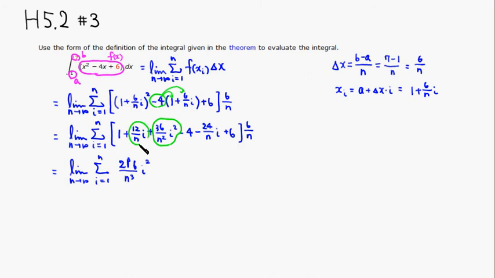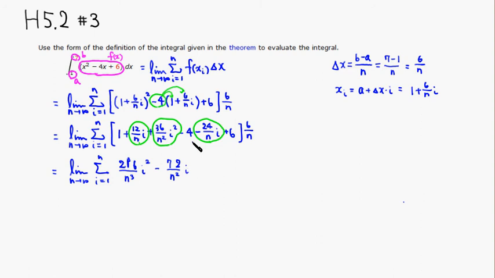Then let's look at the ones with i. There's a 12 over n i and negative 24 over n i, so that would be negative 12 over n i. Then we multiply by 6. 6 times 2 is 12, and 6 times 1 is 6, so it's 72 over n times n, so n squared, then you have i.